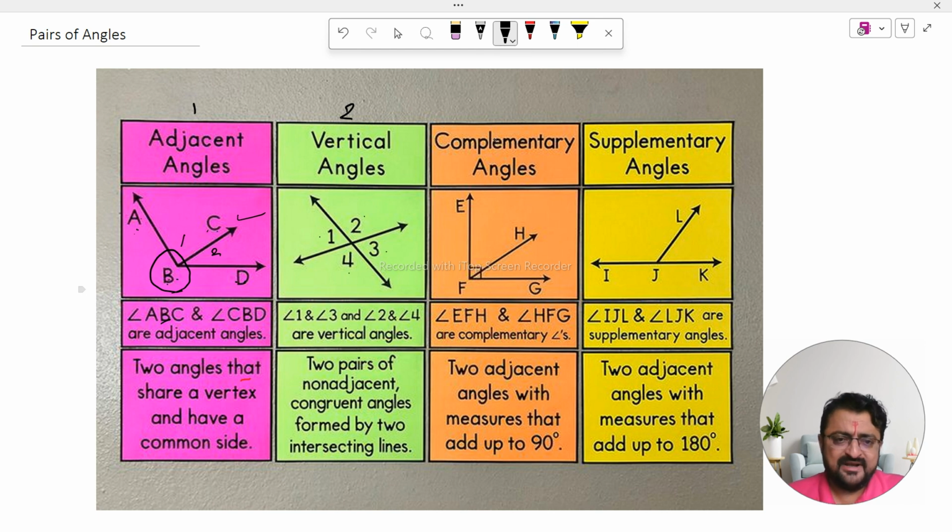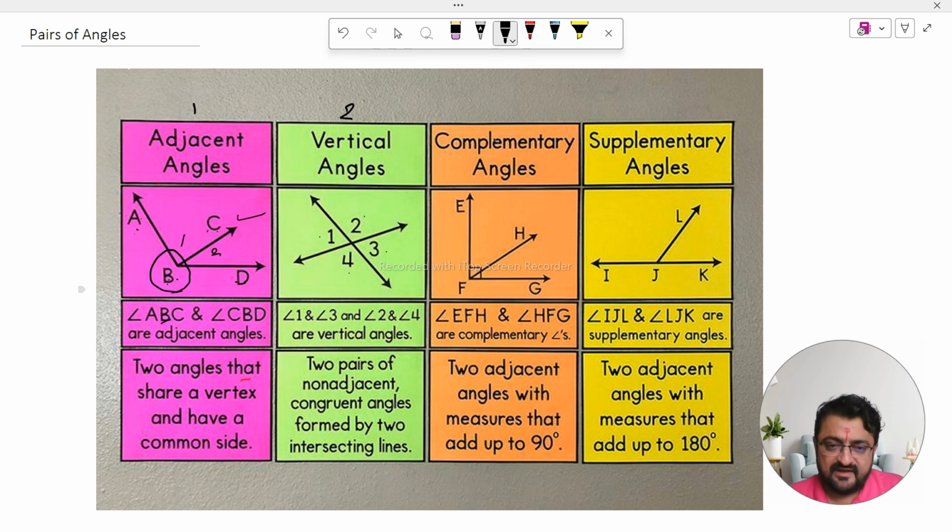Now, how many lines are involved in this second figure? Vertical pairs are very easy. Sometimes vertical angles are also called vertically opposite angles. Repeat with me: vertical angles are called vertically opposite angles.